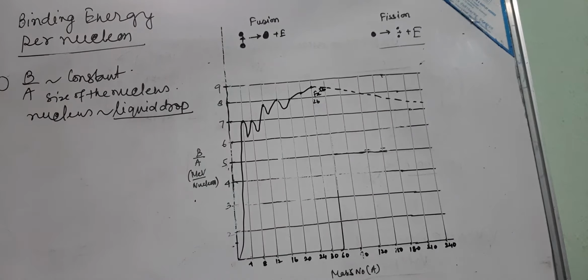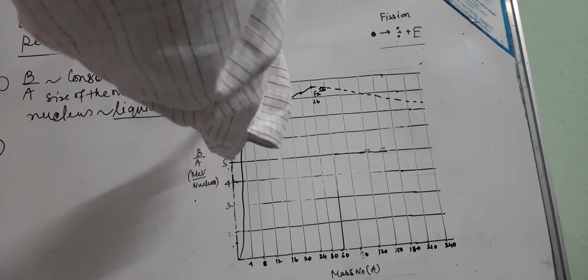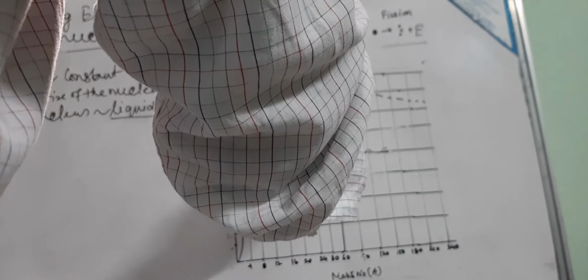Number two, it falls off for small values of A. If you plot the binding energy per nucleon versus mass number in the graph, we find for mass number 4 there is one peak, at 8 another peak, at 12 another peak, for 16 another peak, 20 another peak, 24 a peak, and 30 also a peak, and gradually above 30 it started decreasing, and at 238 we find it is about 7.6 MeV.